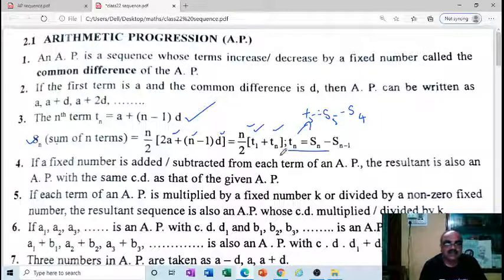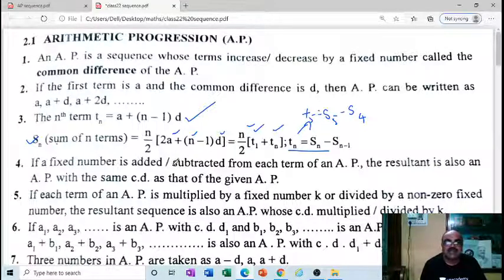Next, if a fixed number is added or subtracted from each term of an AP, the resultant is also an AP with a common difference as that of the given AP.